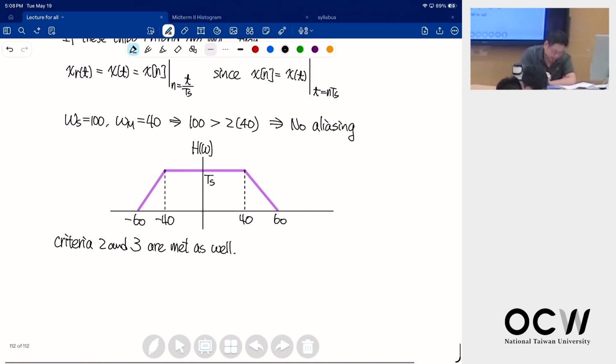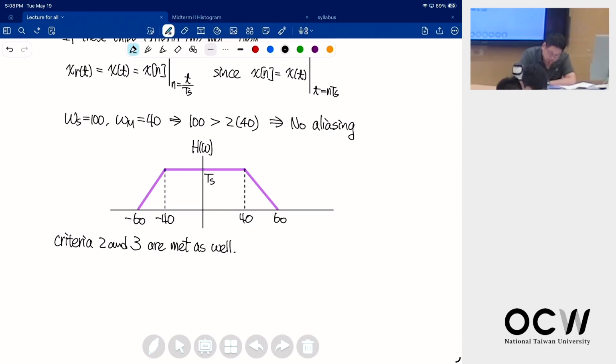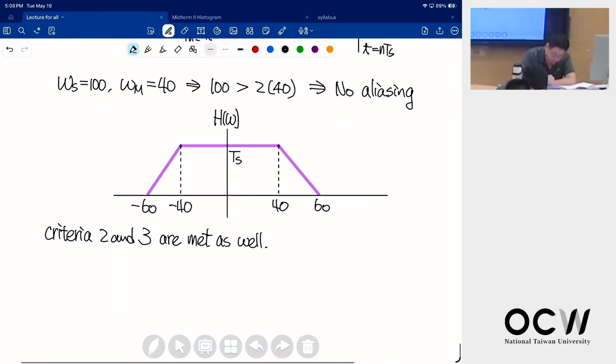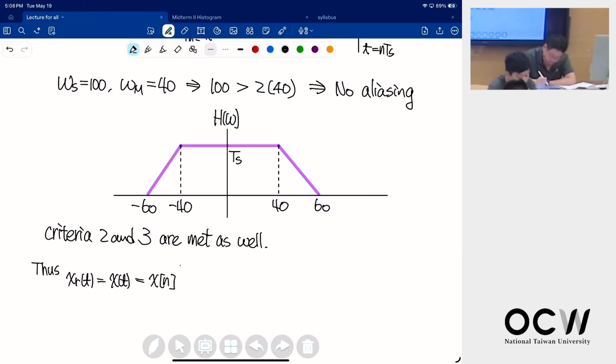So you can write the reconstructed signal in a closed form. Okay, so we sample at T over Ts, which is 100 times T over 2 pi, which is 50T over pi.